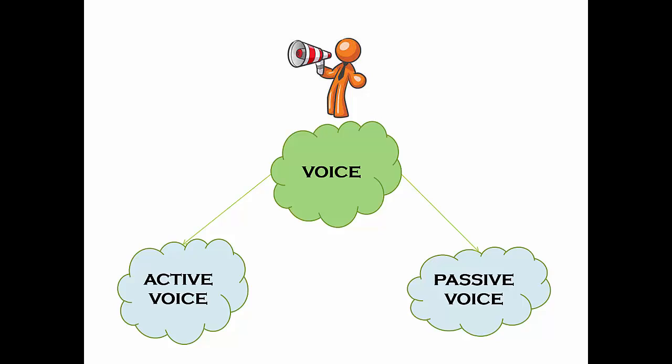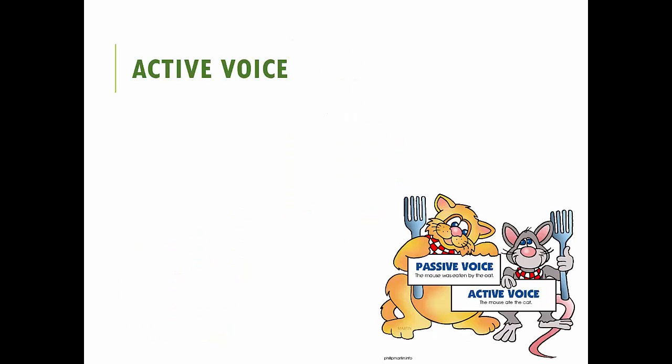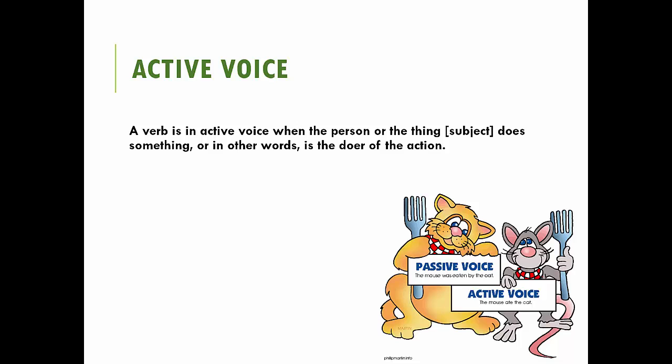It is directly related to the verb and to the subject. When we say active voice, what do we mean by it? A verb is supposed to be in active voice when the person or the thing, that is the subject, actually performs an action or is the doer of that action.